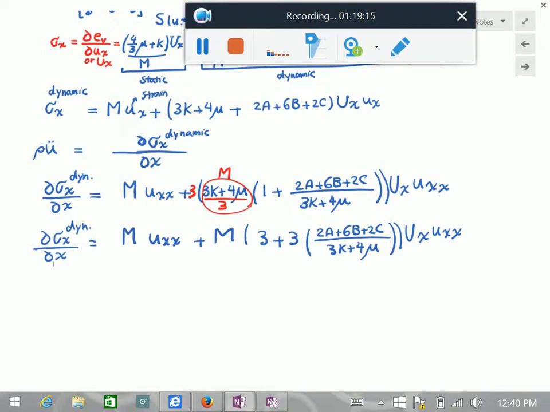If we divide both sides by density, then this would be equal to u double dot, wave equation. Now it's easy to see where we are going.